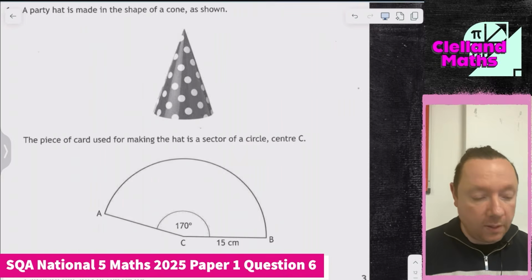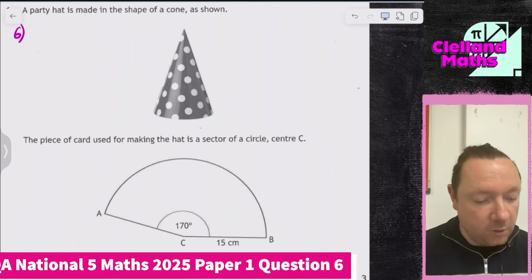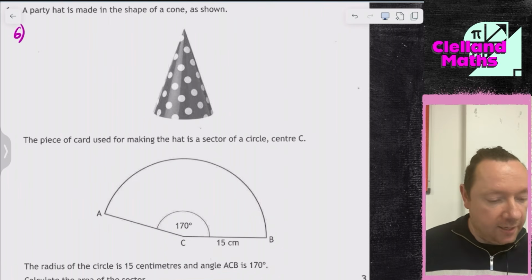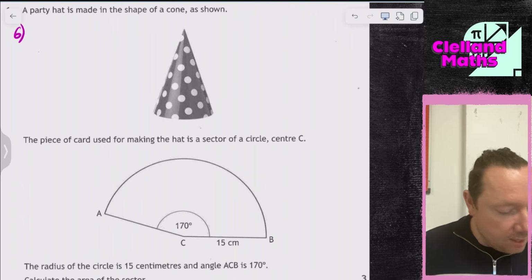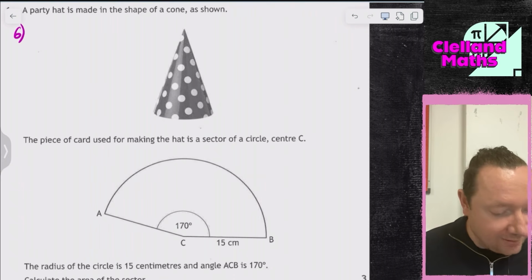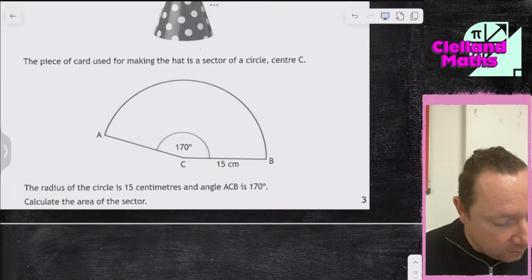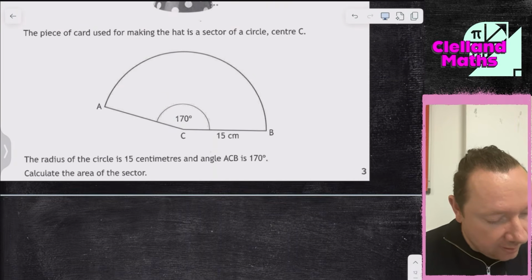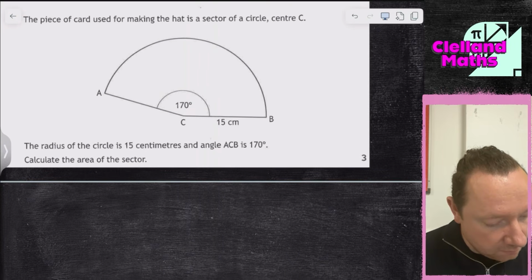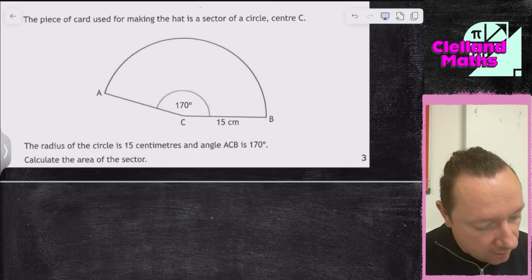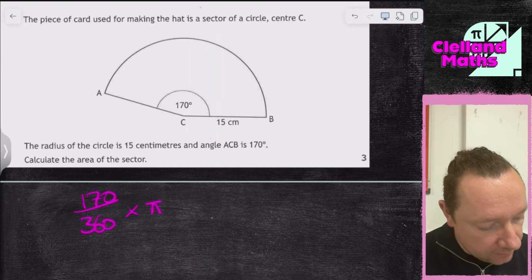Grade National 5 Maths 2025, Paper 2, Question 6. A party hat is made in the shape of a cone as shown below. The piece of card used for making the hat is a sector of a circle, centre C. The radius is 15, the angle ACB is 170. Calculate the area of the sector. Angle over 360 times pi times r squared, which is 15.